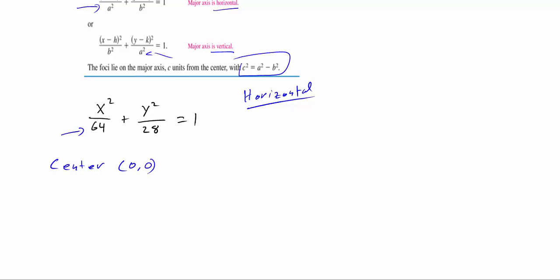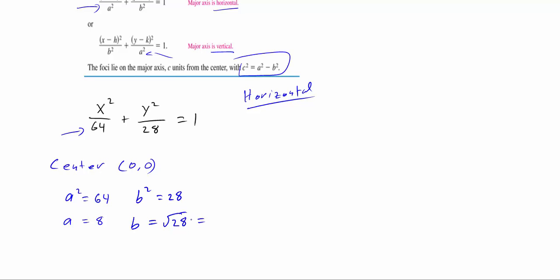And now we need to actually calculate our a value, our b value, and our c value. So here a squared is going to be equal to 64, so therefore a is going to be equal to the square root of 64, which is 8. And b squared is going to be equal to 28, so therefore b is going to be equal to the square root of 28.